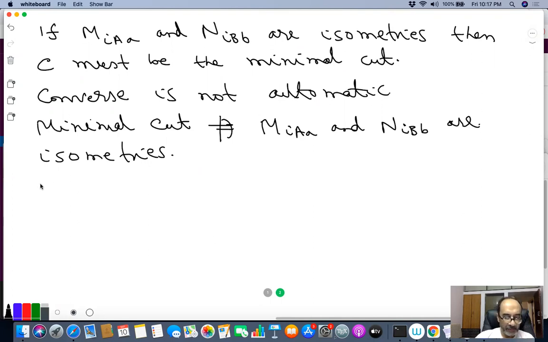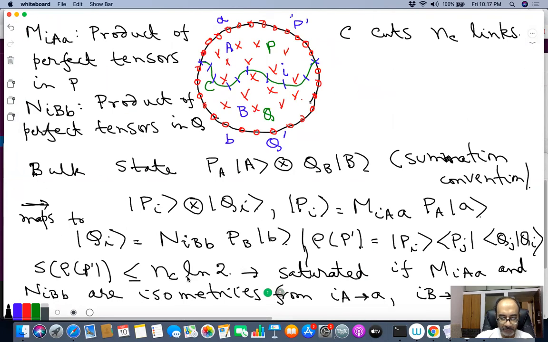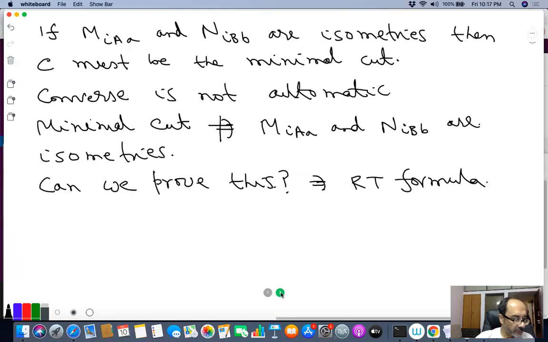So the question is, can you prove this? If we can, then this will lead to the RT formula, because the RT formula is essentially the equality of the two sides. So later we'll address this question.